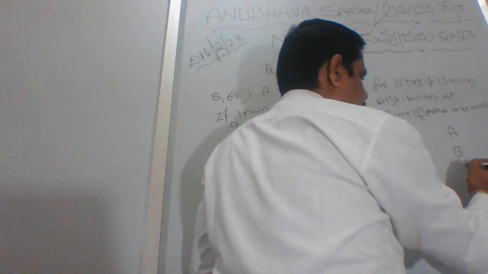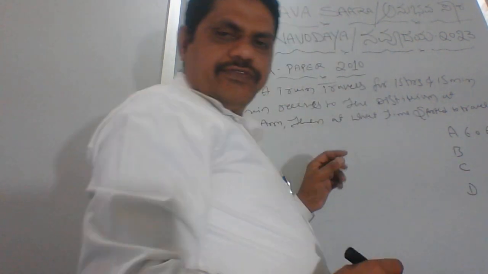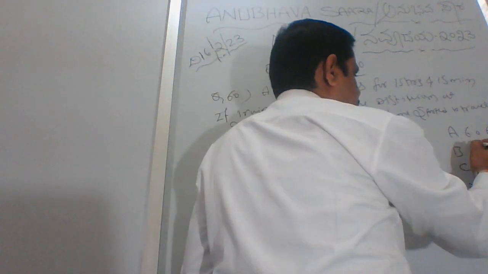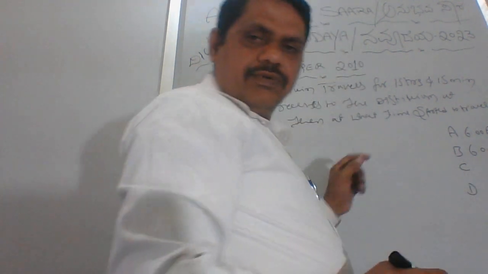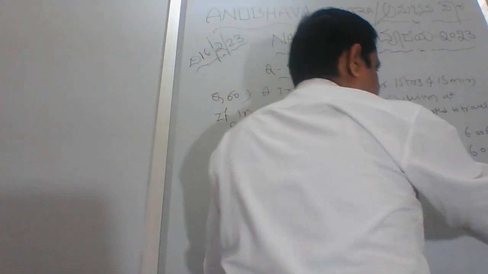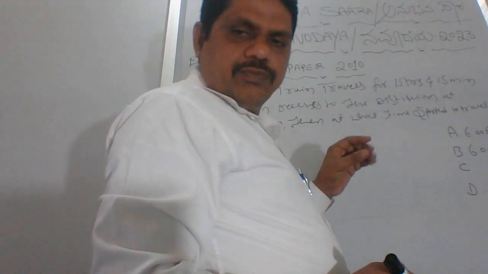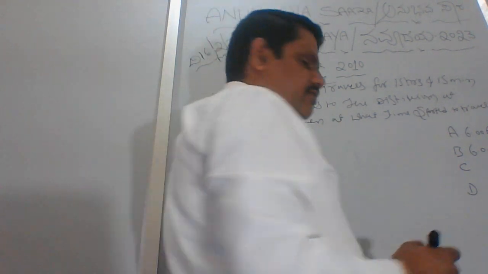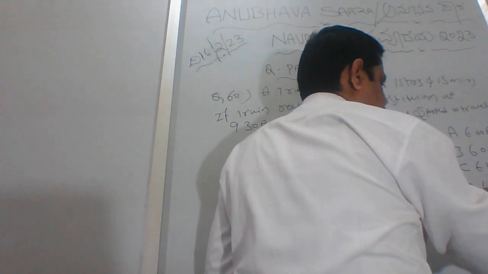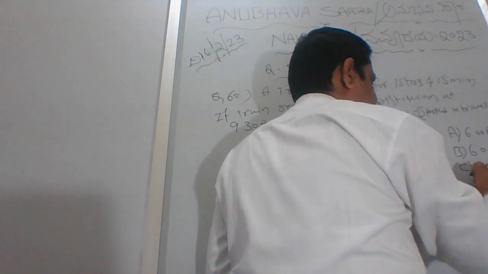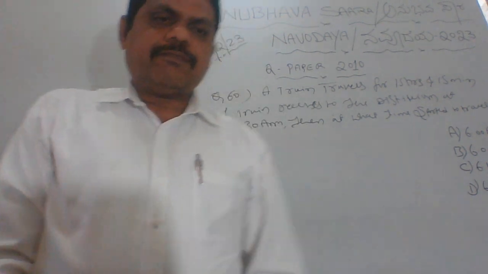A, B, C, D. 6 a.m., B, 6:05 p.m., C, 6:10 p.m., D, 6:15 p.m. So this is what the question says.